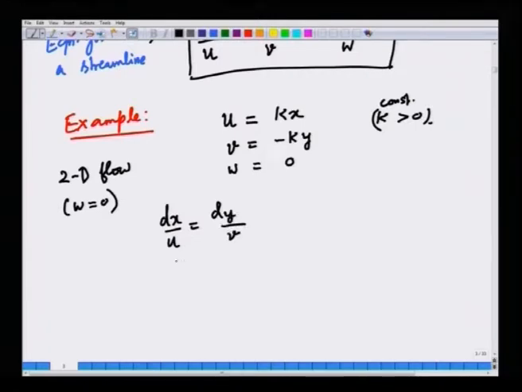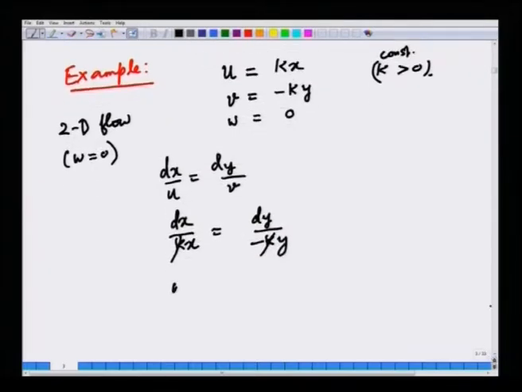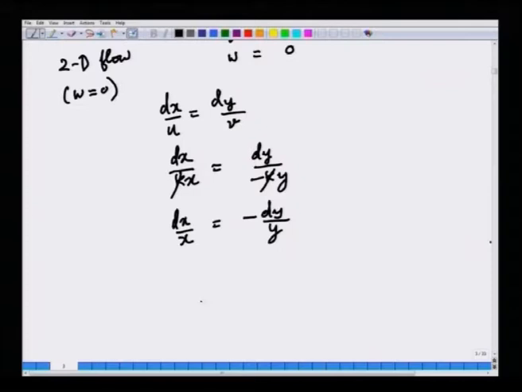dx by u is nothing but dx by kx is dy by v, which is minus ky, k will cancel. So, dx by x is minus dy by y. Okay. So, if I integrate both sides, I get log x is equal to minus log y plus some constant c prime.